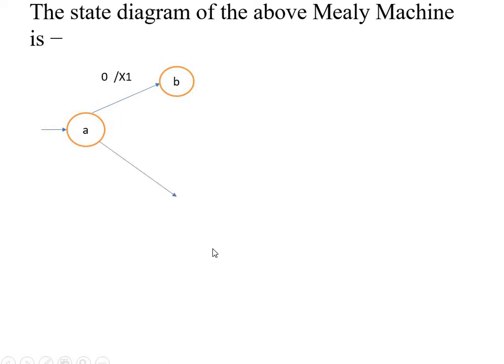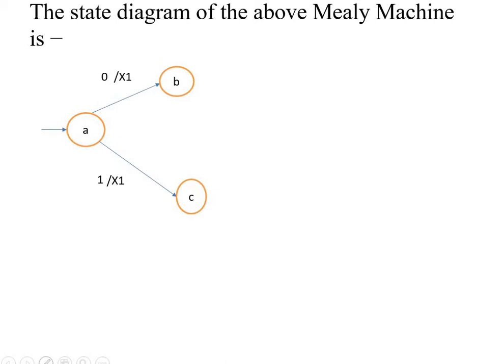Next input symbol is 1. From A on 1 you reach state C. Then what is the output? Output is X1. So X1 is associated with input symbol 1.